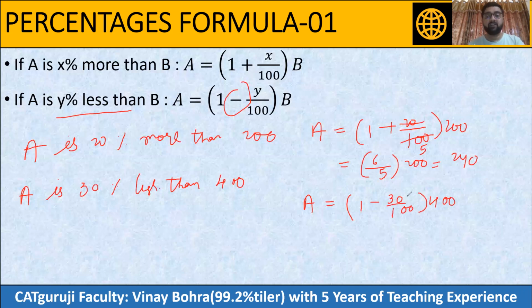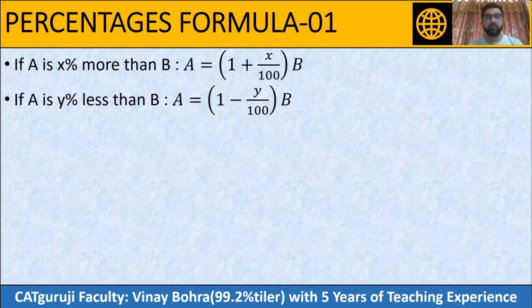So on simplifying this, we'll get 7/10 into 400. So that will give us 280. So this is the first formula that you must know while learning the percentages. Let us go to the next one.